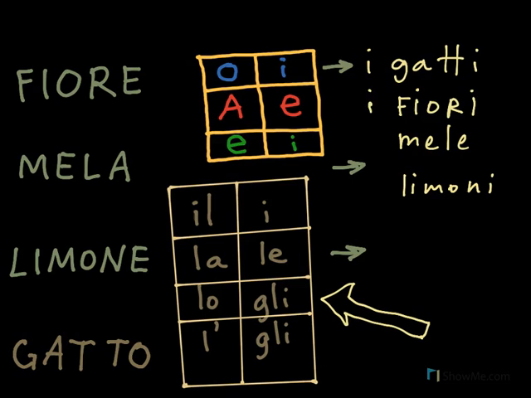Then you have mele. Mele is different. Why is it different? Because you see even from this table that it is feminine. So you will choose the definite article le, which is plural feminine. And look how nicely they coincide. Limoni is masculine, so you will say i limoni.